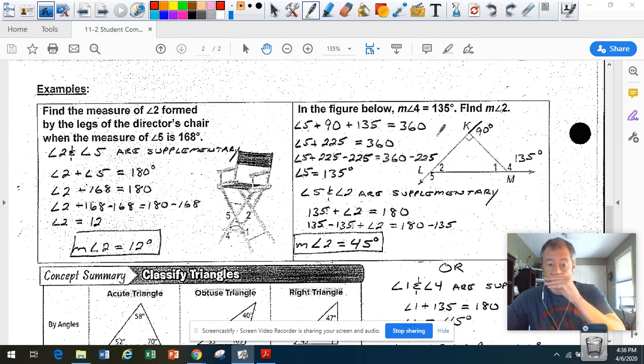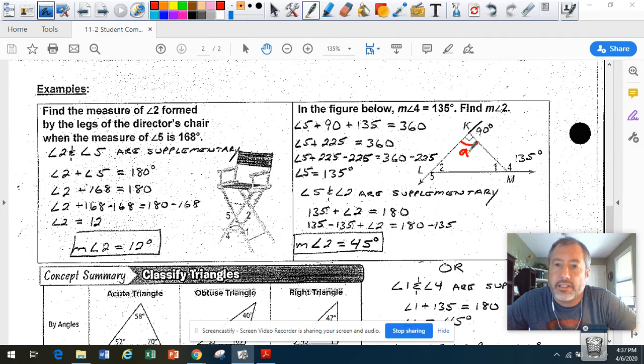Let's take a look at this one here. It says in the figure below, the measurement of angle 4, that's out here, is 135 degrees. They want us to figure out the measurement of angle 2. There are a lot of ways to figure this out. First of all, we know this angle here is 90 degrees, we can use that.